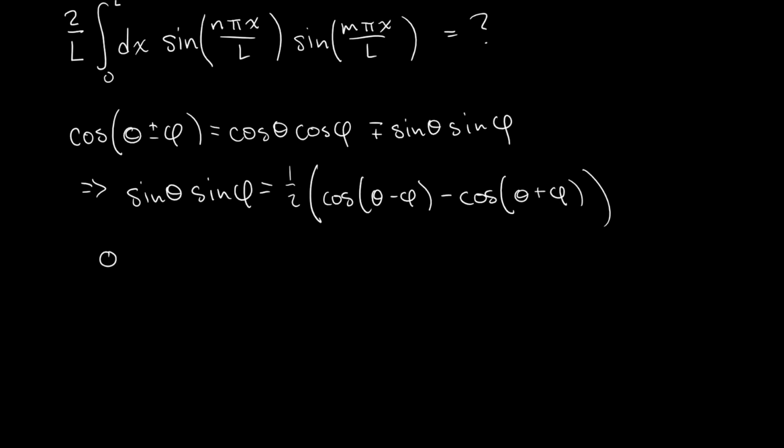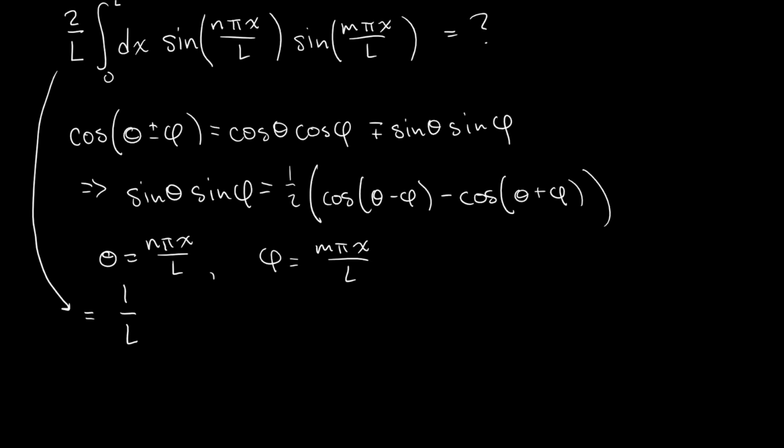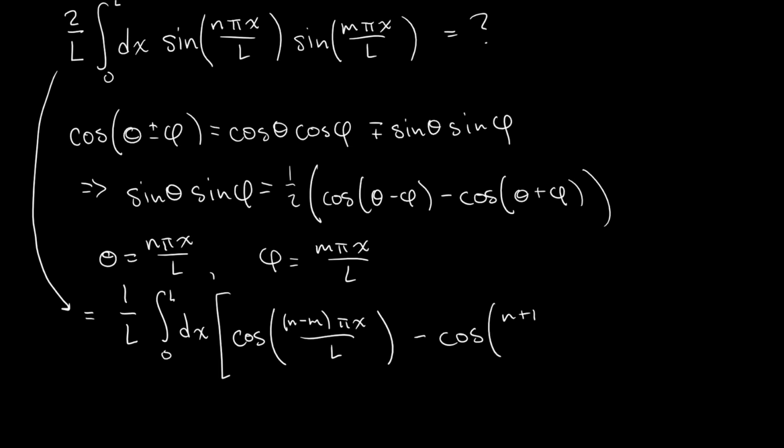So now I'm just going to use that theta is equal to n pi x over L, phi is equal to m pi x over L, and I can rewrite this integral as 1 over L, because of the 1/2, integral from 0 to L over x, of cosine of (n minus m) pi x over L minus cosine of (n plus m) pi x over L.